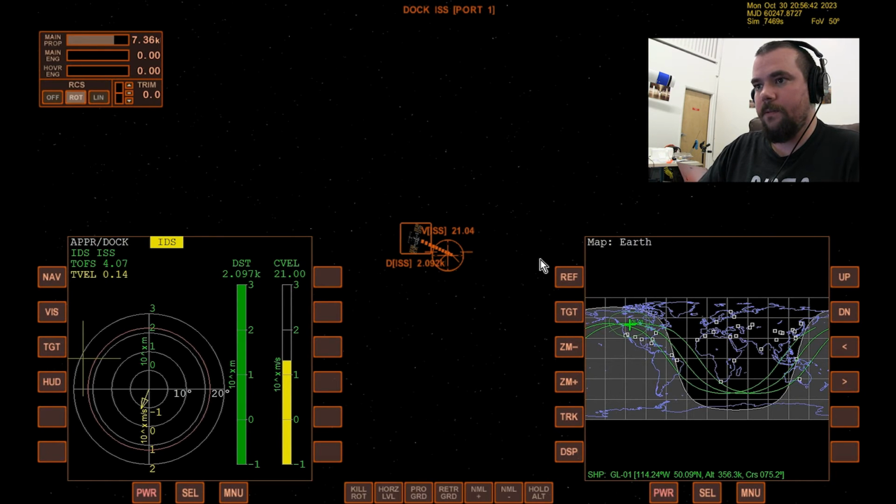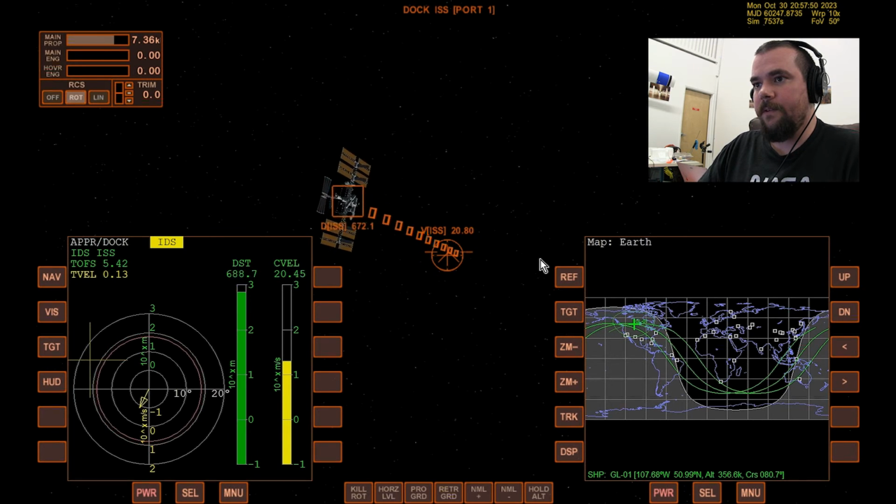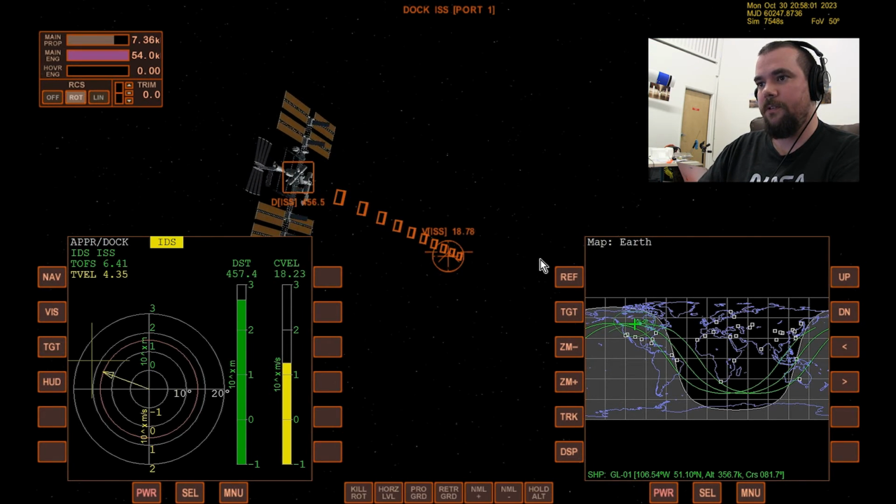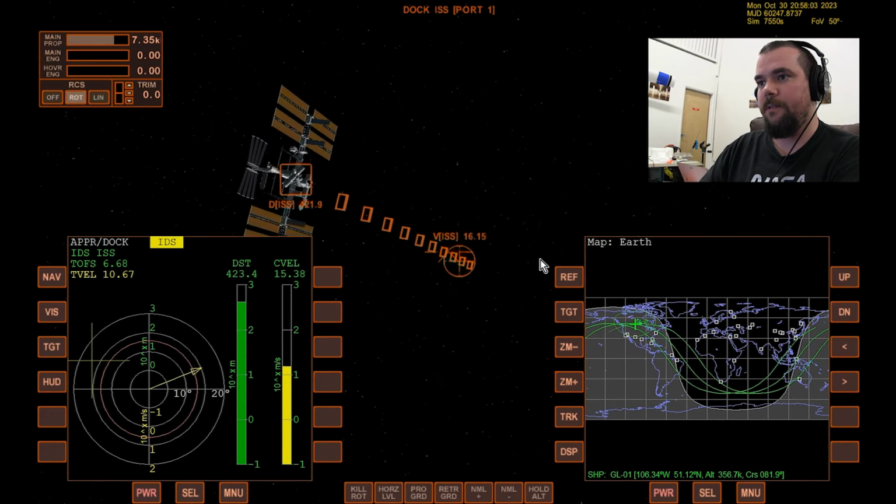Okay, 2 kilometers. I'm going to jump ahead just a little bit now, again. All right, so there's the space station, and we're going to have another look at it, so don't worry about missing it for the time being.